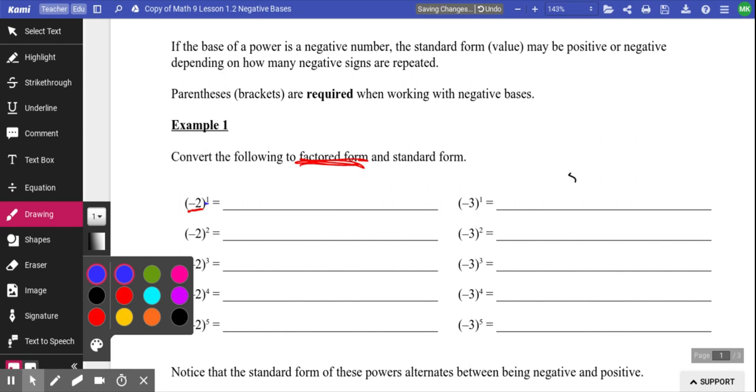Factored form would mean that's just -2. And you're not timesing it by anything else. Right? It's just once by itself. There is no operation happening. Standard form is when we actually calculate it. So this equals -2. In this case, factored form, standard form, same deal.